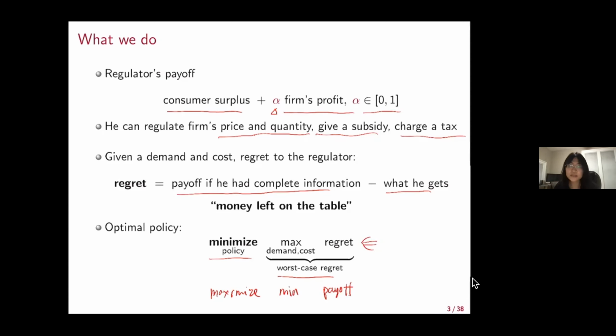market scenarios in which there is a lot of surplus in the market, right? So there is a lot of surplus in the market. I want to make sure that I achieve close to the best potential. And maximizing the minimum payoff is targeting those market scenarios in which there is very little surplus in the market.